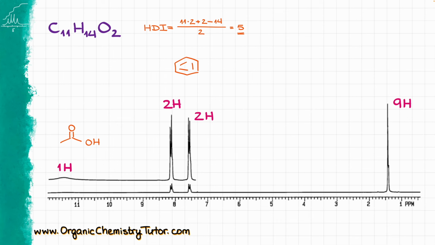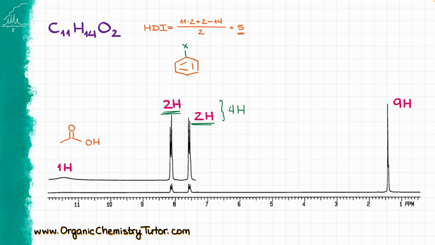Now, if I look at my aromatic signals over here, I have 2 hydrogens and 2 hydrogens, which means that I have 4 hydrogens combined. That means that my aromatic ring has 2 groups sitting on it. The aromatic ring by itself would have 6 hydrogens. If I only had 1 group on it, I would have 5 hydrogens left.